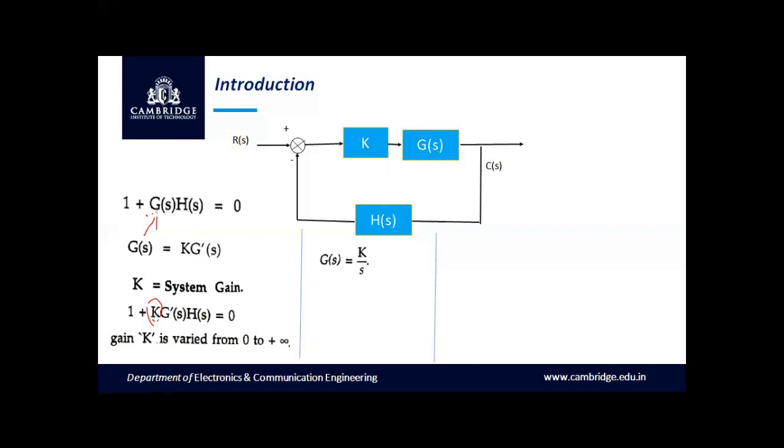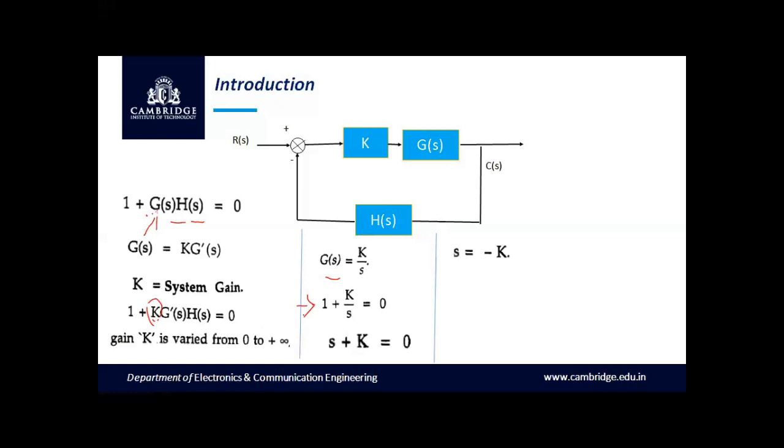Let us take an example here. G(s) is equal to K by s. Hence, if I substitute for G(s) in this characteristic equation for a unity feedback in which H(s) is equal to 1, I get 1 plus K by s equal to 0. For the simplification, I get s plus K equal to 0.